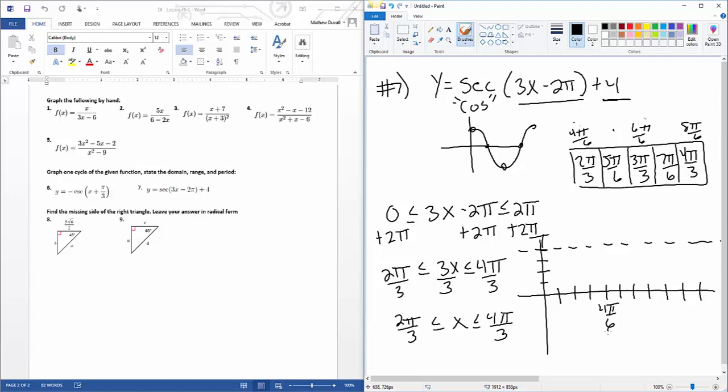And so it starts up at the amplitude, crosses at 5 pi 6, goes below at 6 pi 6, crosses again at 7 pi 6, and then goes back on top at 8 pi 6. Because it's secant, where it crosses the center line, we have asymptotes, and then we do parabolas at the peaks. And that is one cycle.